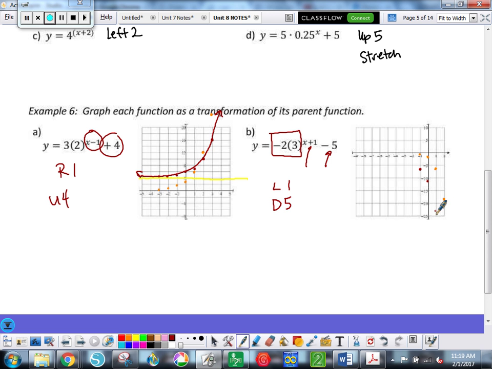So it'll be in the same placement as before, the first box down. And your asymptote on this one is going to be right here, because originally the asymptote was at 0, but it's been shifted down 5, so your graph won't ever cross this, and gets closer to this line.